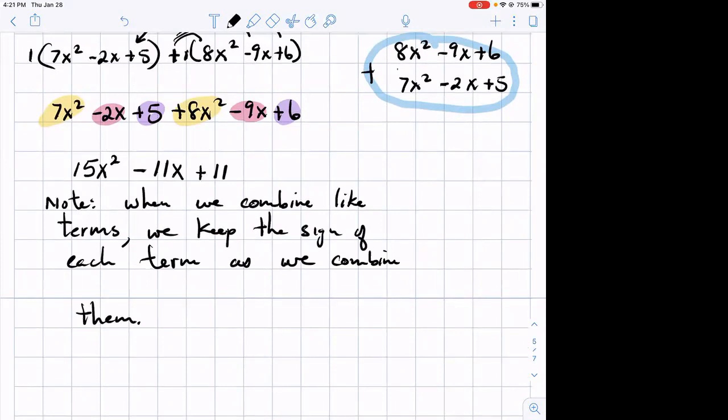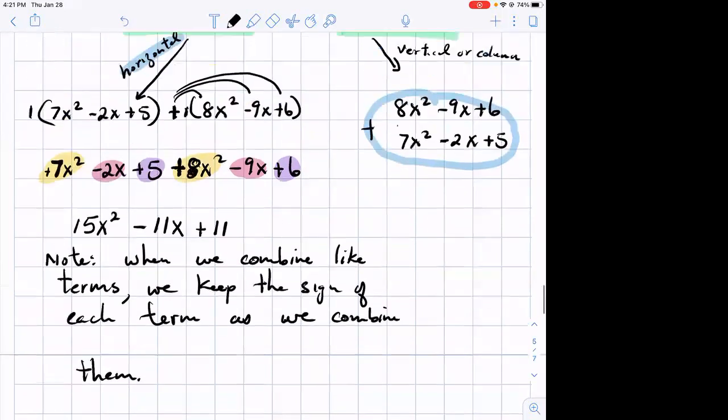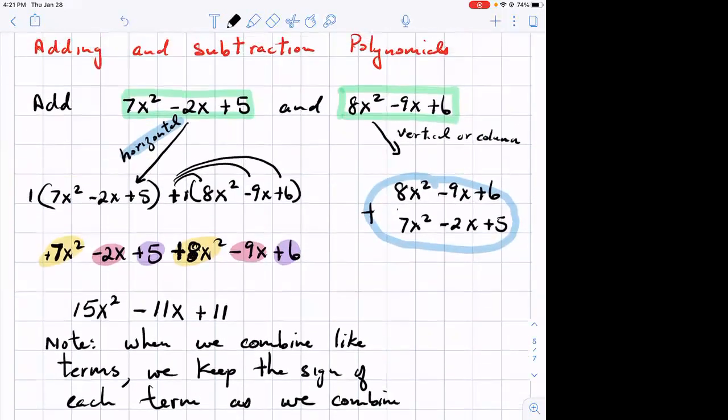Meaning, for example, when we said 7, it was a plus 7 and a plus 8. And that's how come I got plus 15. All right? So this was how we add.